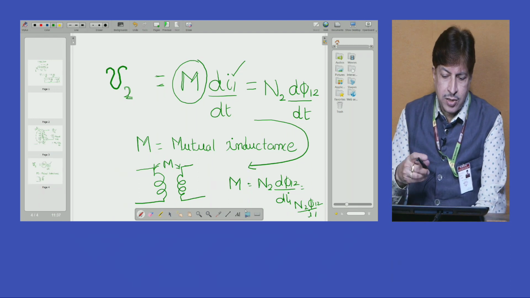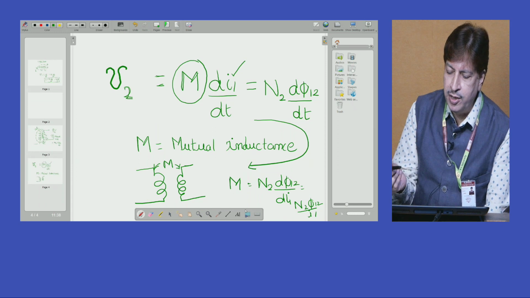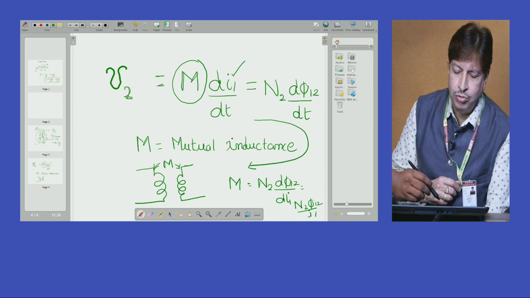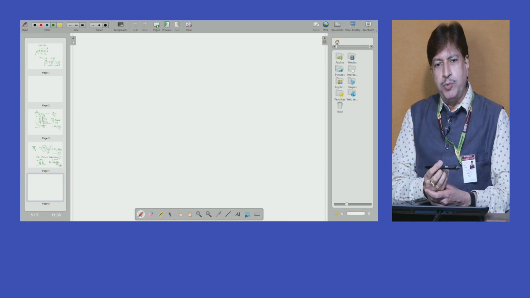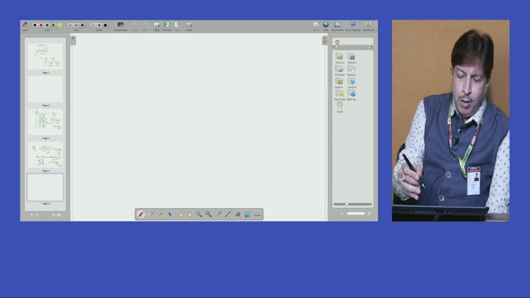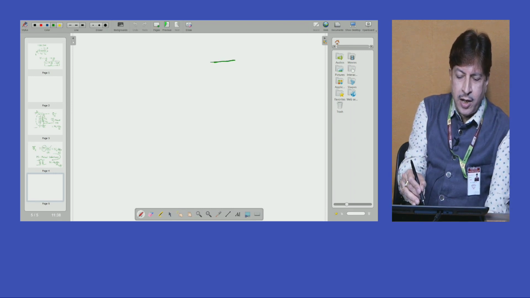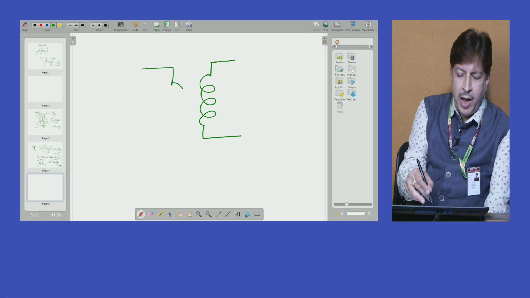So let us repeat this in terms of sending current through the other coil. Whatever concept we discussed till now, let us review it by sending current through coil number 2. So, I have considered a magnetic coupled circuit.